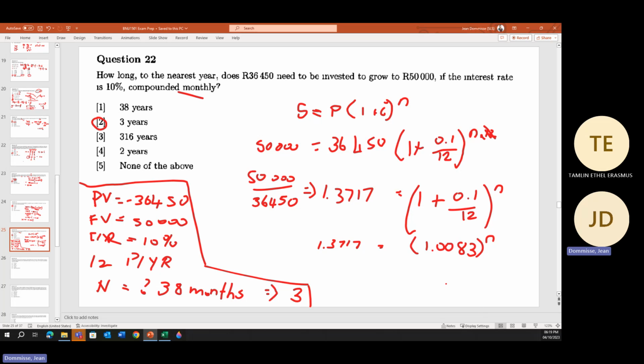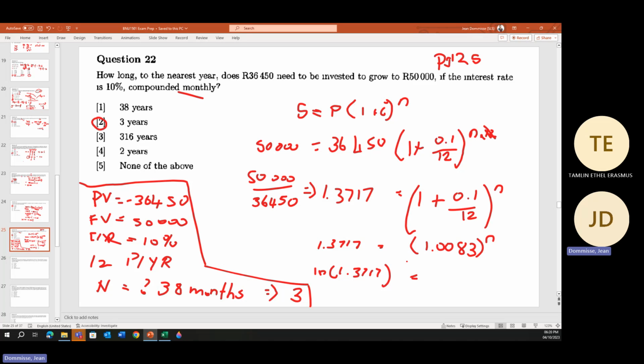So this is on page 125 of your study guide. So yes, we're going to use log. So we basically going to have log 1.3717 on the one side.